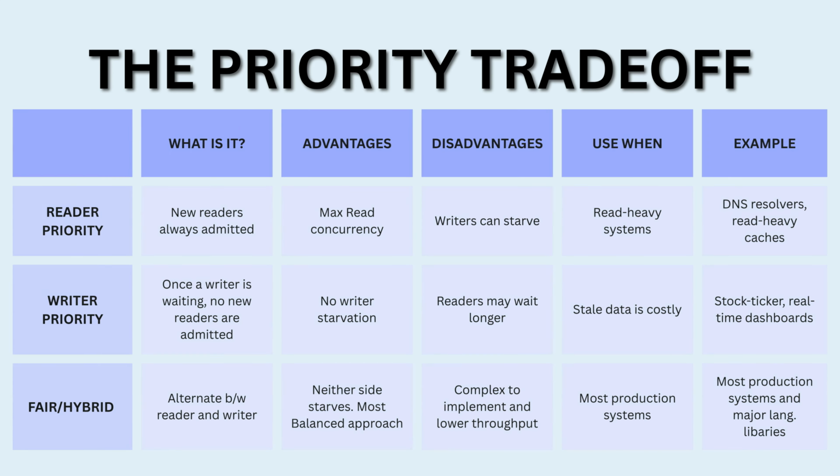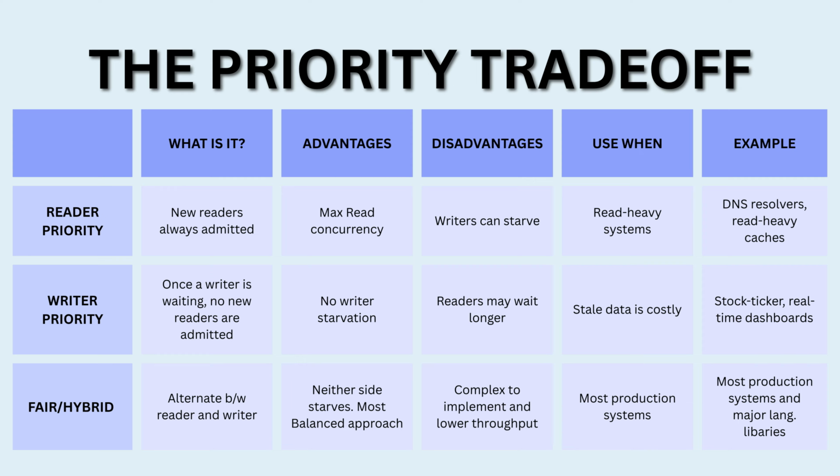Now, let's understand the priority trade-off between readers and writers. Reader priority: new readers are always admitted even if a writer is waiting. This leads to maximum read concurrency. Readers never block unnecessarily, but writers can starve if readers keep arriving. This is good for read-heavy systems where slight staleness is acceptable, like DNS resolvers and read-heavy caches.